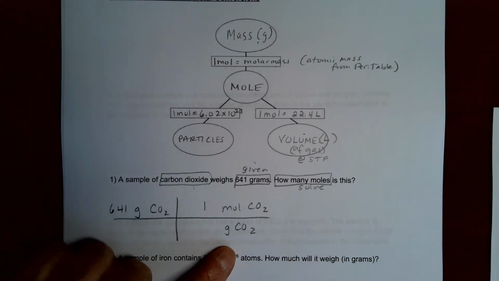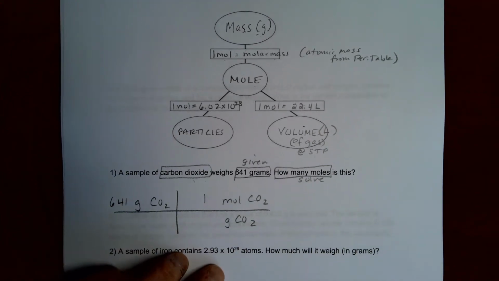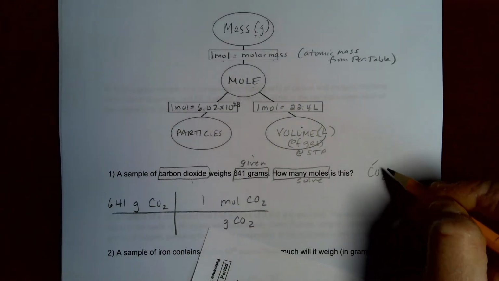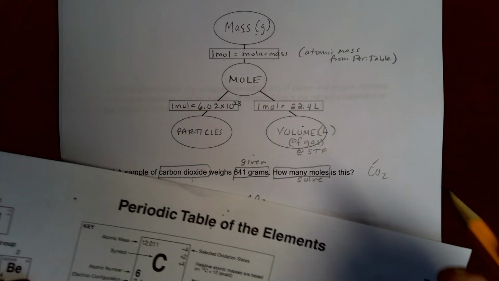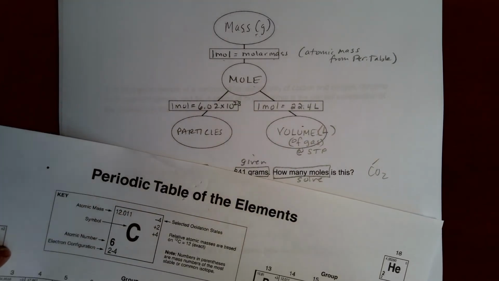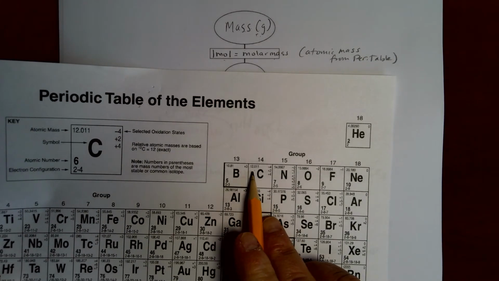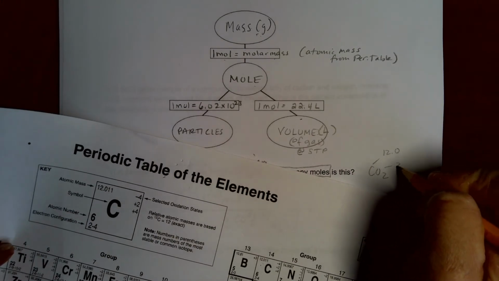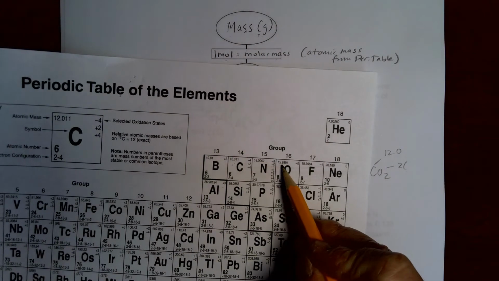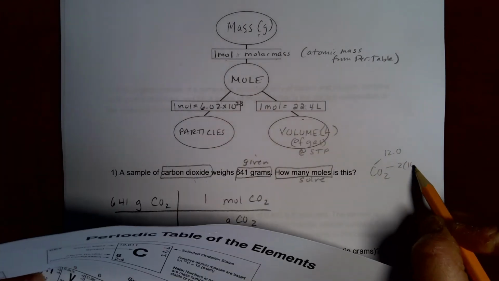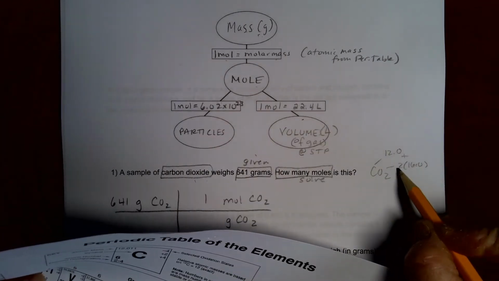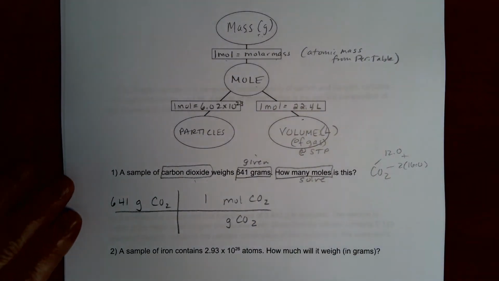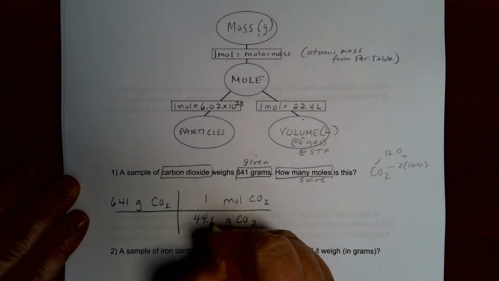For the mass of CO2, we need to consult the periodic table for the formula CO2. So a single carbon is 12.0, and 2 oxygens, each at 16.0. We add all that together, so 12 plus 32 is going to give us 44.0.